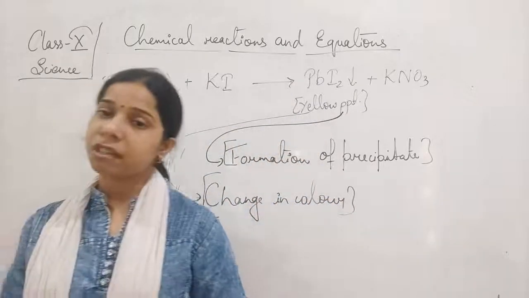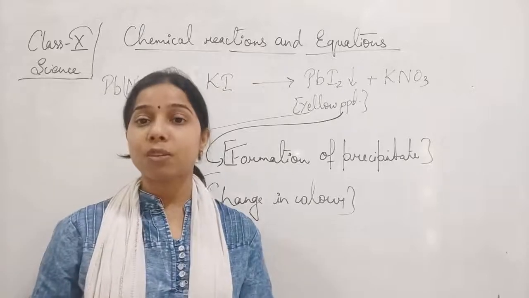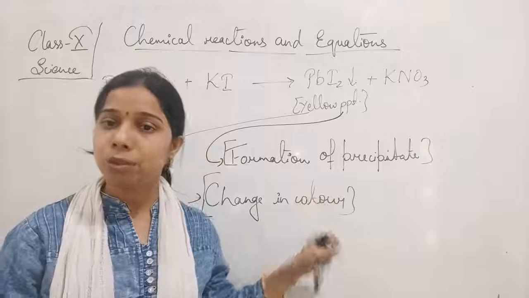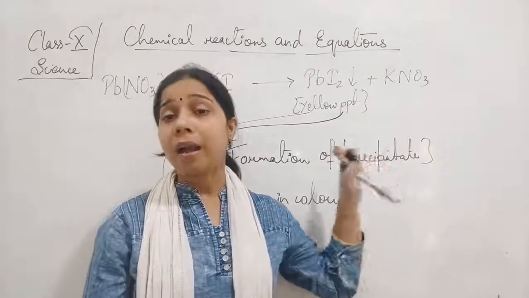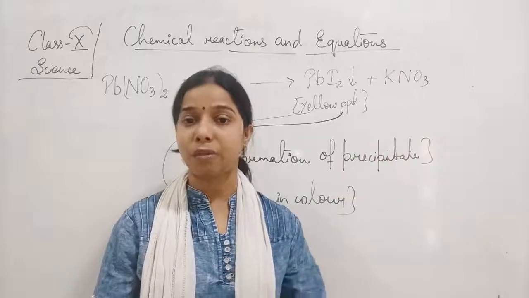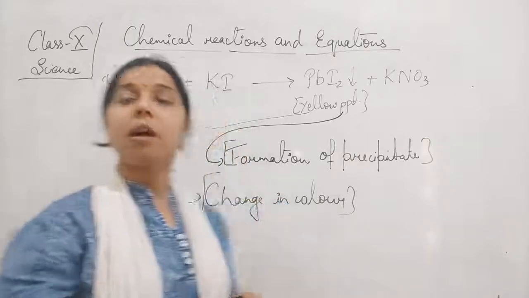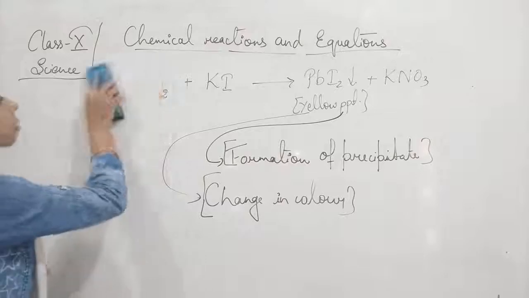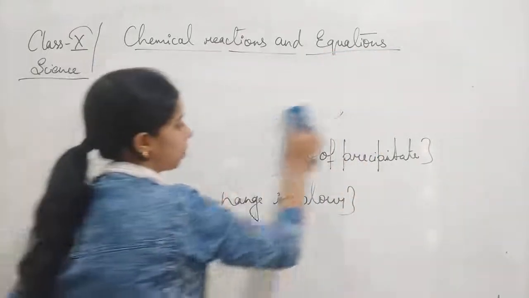So if the question is asked to justify how a chemical reaction can show more than one characteristic, you can write these two reactions and explain what happens here and how it helps in telling the particular characteristic of a chemical reaction. Moving on to the next topic. This is all about the characteristics of a chemical reaction.